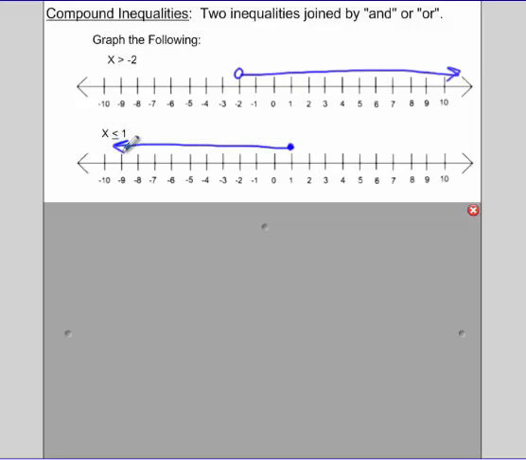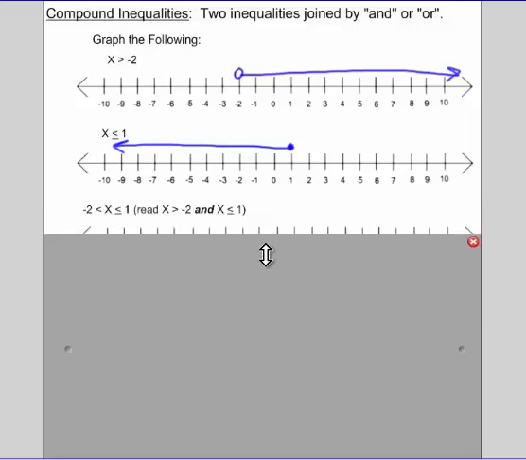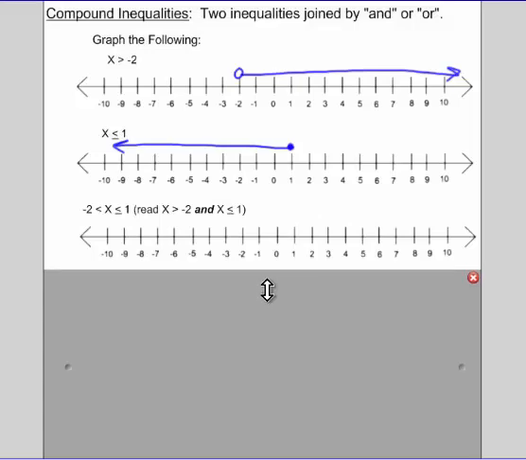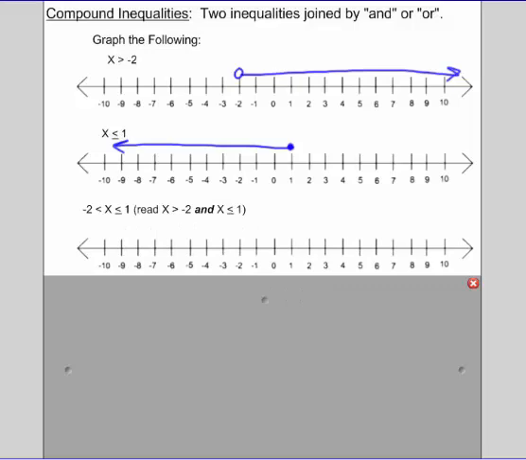Now we want to look at the intersection or overlap of the two graphs. Let's graph the compound inequality x is greater than -2 and x is less than or equal to 1. We use an open circle at -2 and a closed circle at 1.